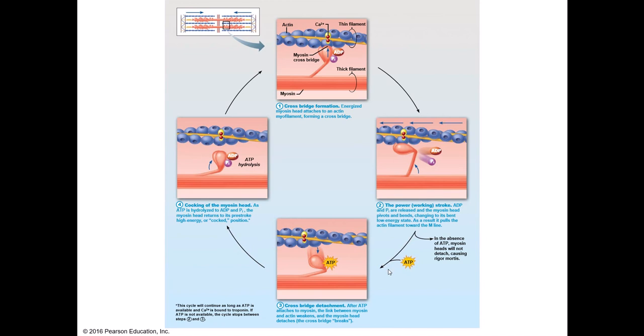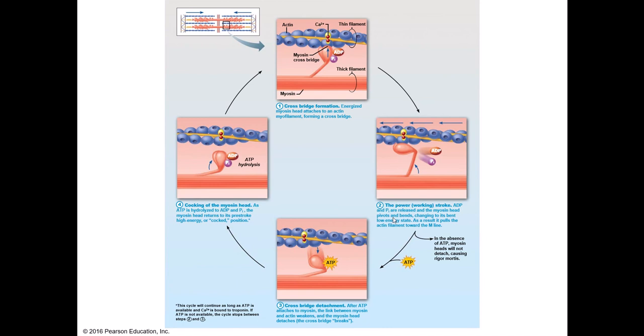Another ATP molecule will then attach to the myosin head. That will break the cross bridge. The myosin head will be re-energized by splitting the ATP, and the myosin will then grab onto the next actin molecule in the chain.